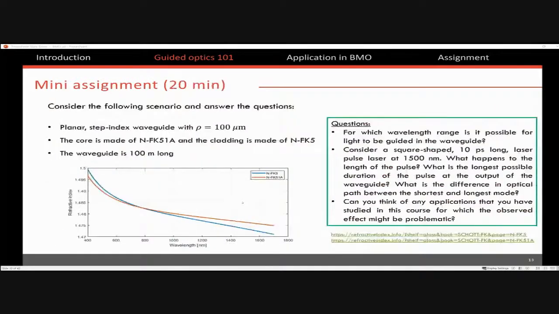So now the question is, does anybody have a value for what the difference is between the shortest and the longest, either in terms of time or in terms of distance? Manuk, maybe? No, I have no value for that.